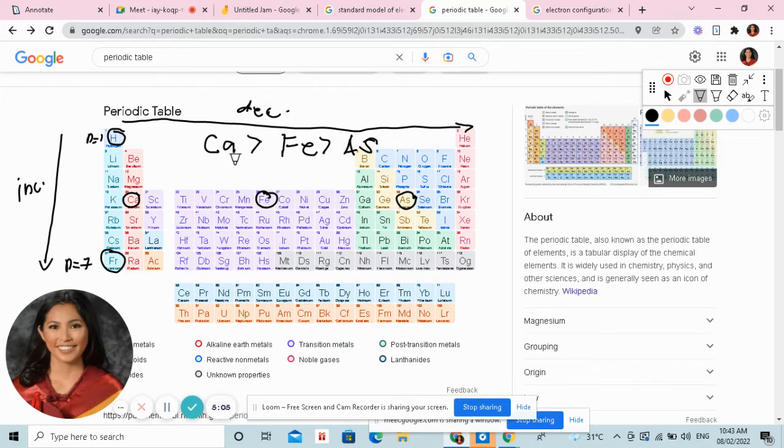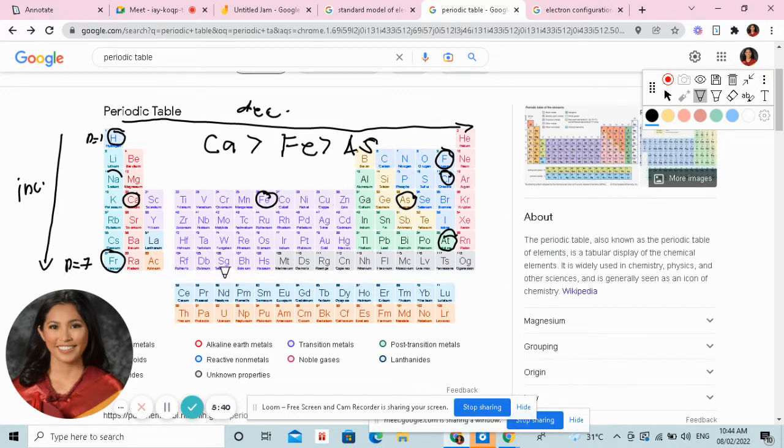Now, what about this one? Cl, At, and then we have F. Arrange according to atomic size in ascending order.